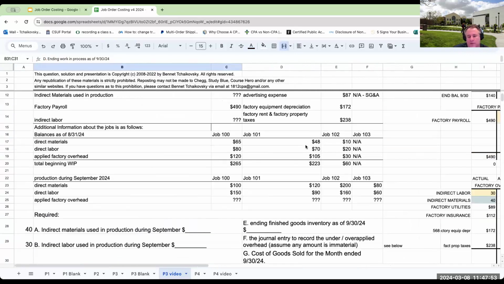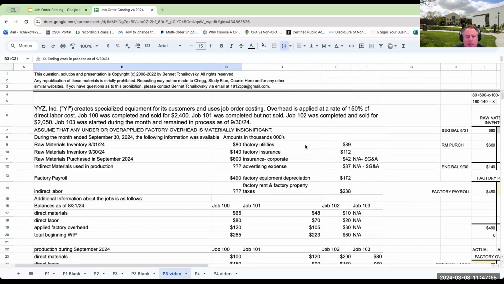If you're taking my class, I don't allow any types of note cards, phones, or anything on my exams. Part of the reason is that I'm going to give you a question like this, and I feel pretty confident, having former students who have gone on to take cost accounting, and many who have gone on to take and pass the CPA exam, that by giving you a question like this on your exam, you'll be successful.